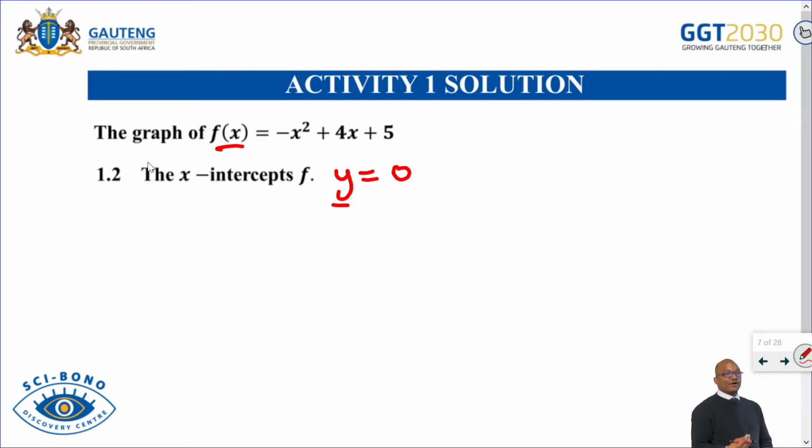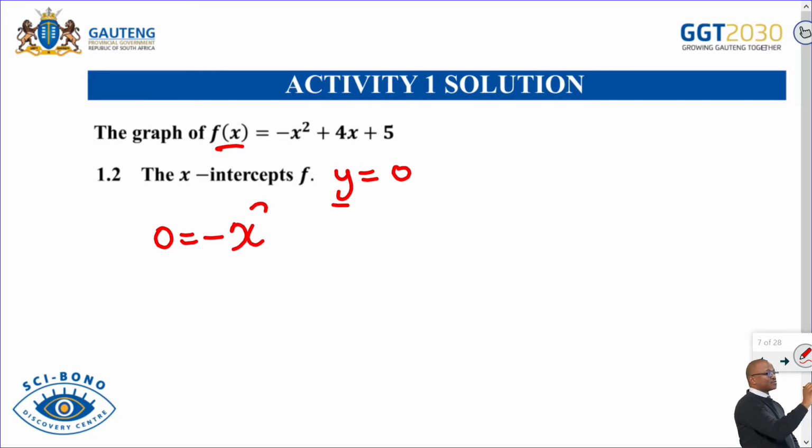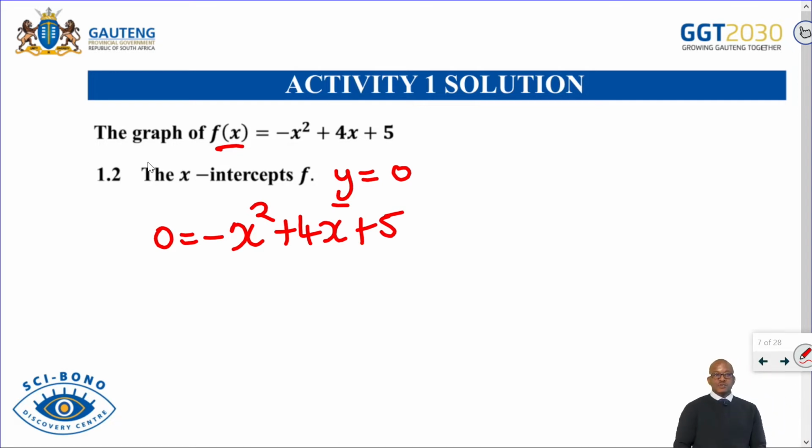Where there is f of x, there is the value of y. So where there is y, we put 0, then we're going to have 0 equals negative x squared plus 4x plus 5. Correct. So now our equation is equal to 0. We need to solve for x.